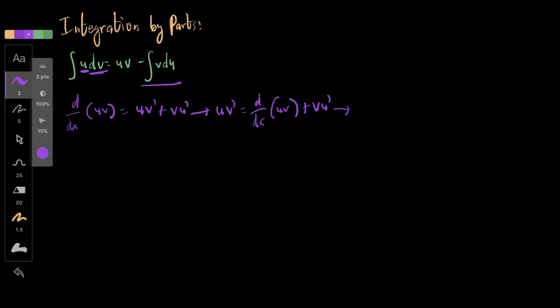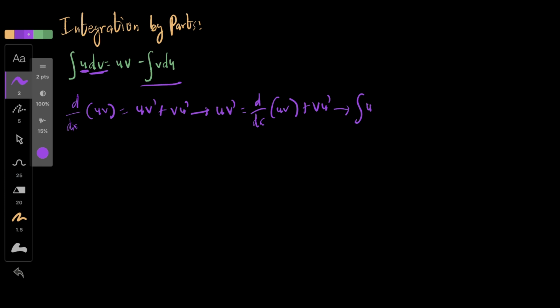Now, over here what we do is we integrate. So the integral of u v dash, or u dv by dx, and when we do the integral, we multiply by the differential dx, but in derivatives we divide by that differential essentially.